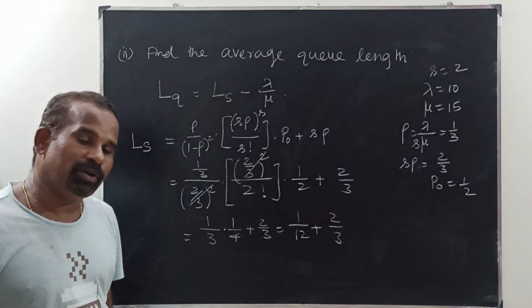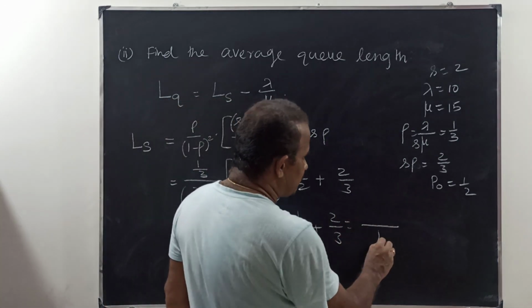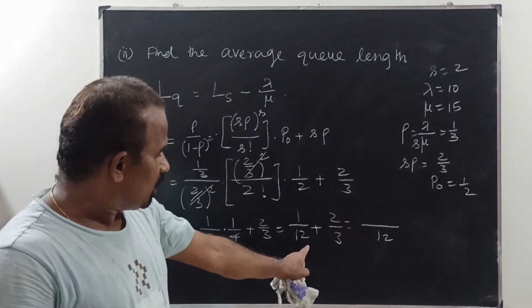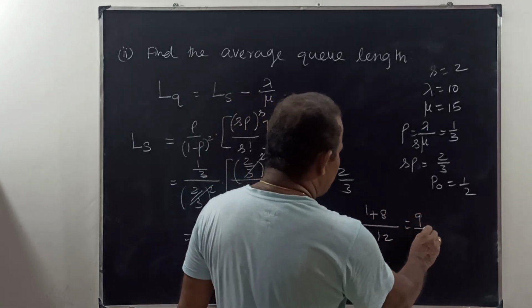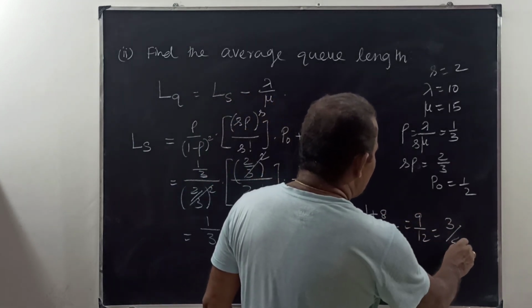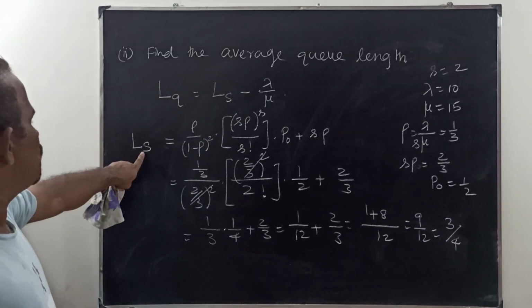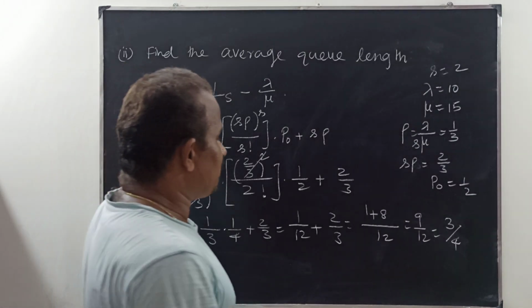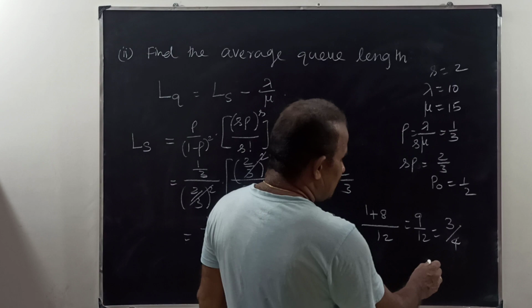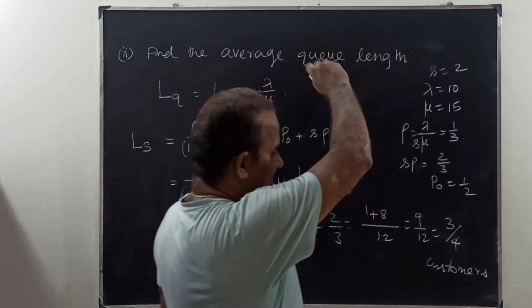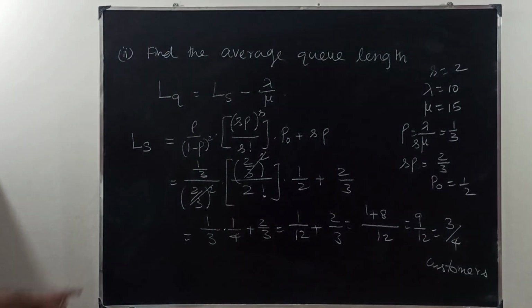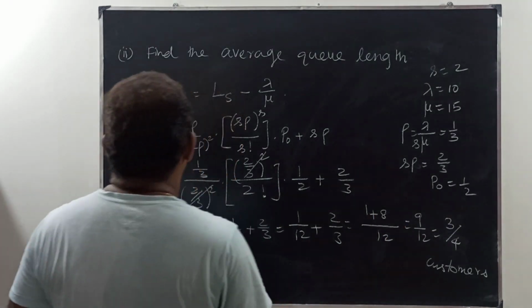Take LCM 12, so 1 plus 8, therefore 9 by 12, therefore 3 by 4. So the number of customers in the system is 3 by 4. This is LS.